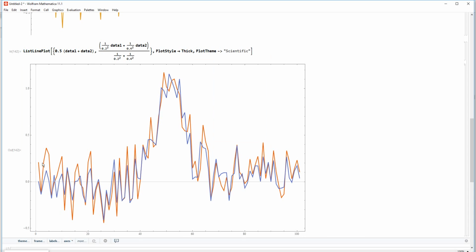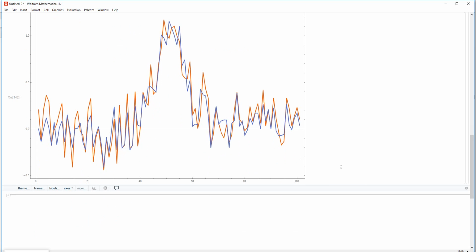Here red is the original one and blue is the weighted average. What we see again is that the noise level of the combined spectrum is now smaller. So that's a common application. Of course, one of the major problems is to figure out the noise level in the first place. We will do this in a second.